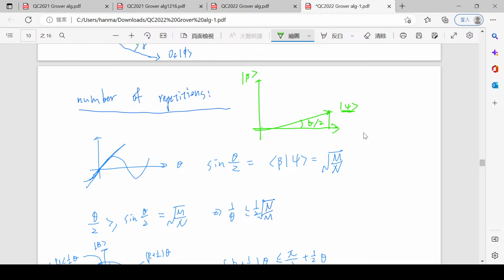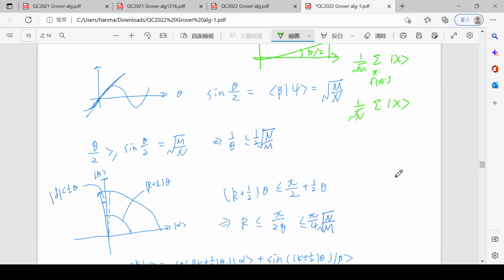It's because beta is 1 over square root of m times the sum over x such that f of x equals 1, and phi is 1 over square root of n times the sum over all x. So if you take an inner product, this thing equals 1 over square root of mn times how many of those?